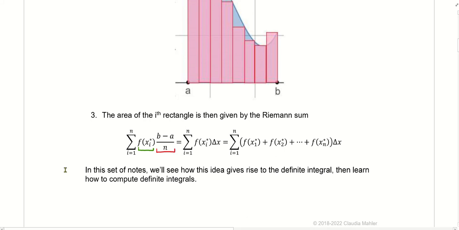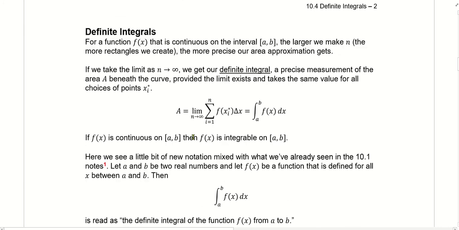So how does this give rise to the definition of the definite integral? How do we go from this, which is a very geometric way of assessing area, to the calculus way of assessing area? It has to do with the number of rectangles that we use. So let's say we have a function f of x continuous on the interval from a to b.